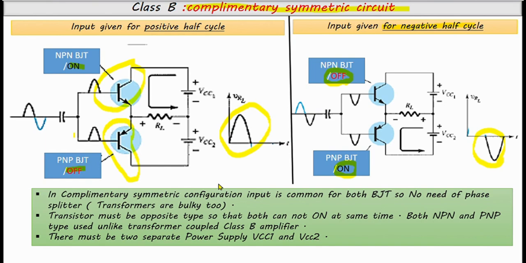So in the complementary symmetric circuit, the input is common to both BJTs, so there is no need of a phase splitter. This is the main advantage, because transformers are bulky in nature, and the transistors must be opposite type so that both cannot be on at the same time. But the problem is there is a need of two separate power supplies, VCC1 and VCC2.